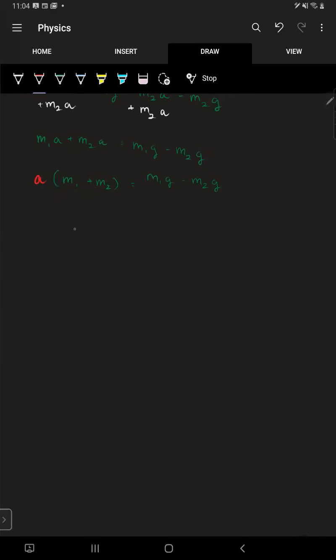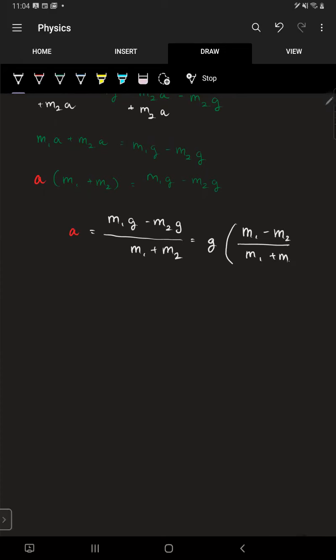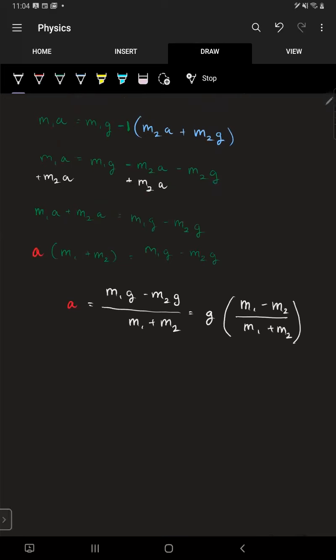So that means that A equals m1g minus m2g divided by m1 plus m2, which also equals g, the force of gravity, times the ratio m1 minus m2 divided by m1 plus m2. There. It's as fun as that. So that's how you solve for the acceleration.